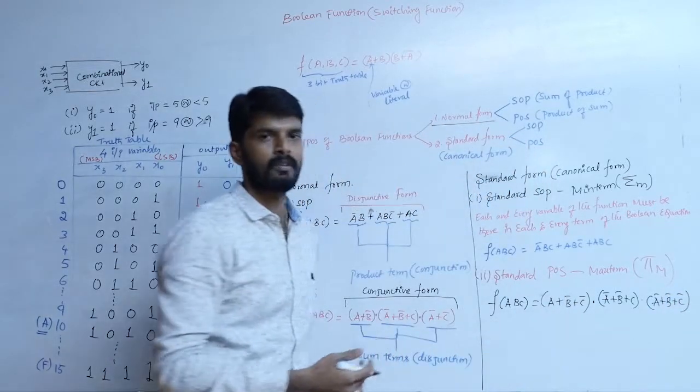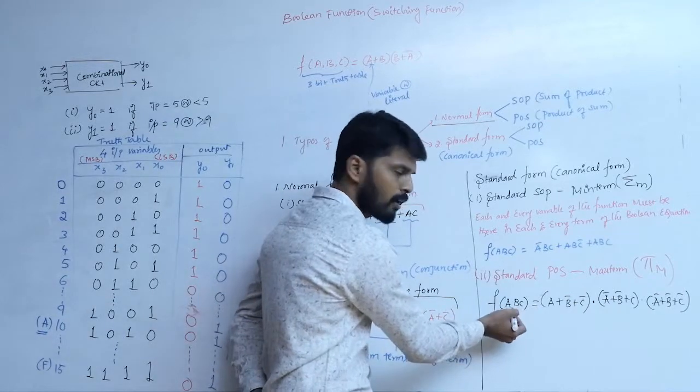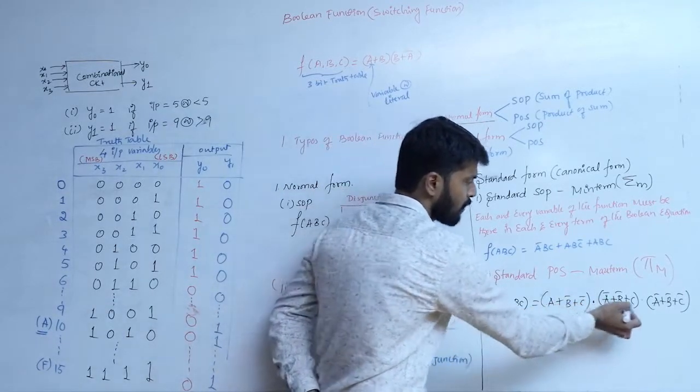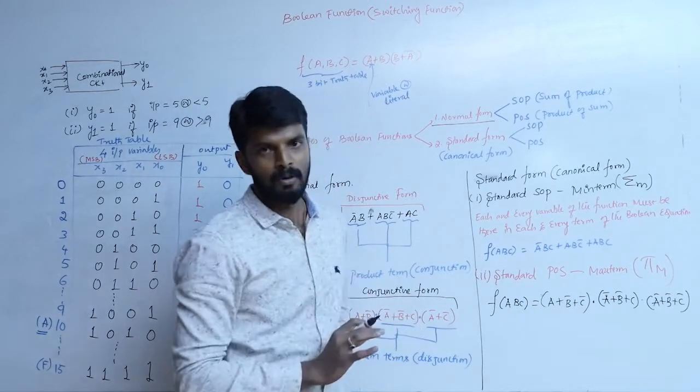This is the equation for standard POS. Again, in this each and every variable of the function is present in each and every term of the Boolean equation. This is called standard POS.